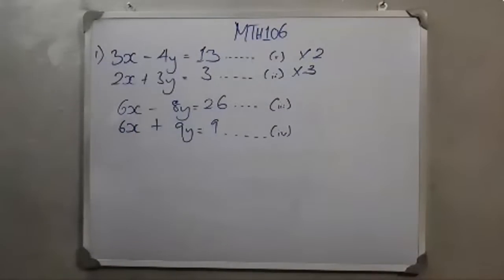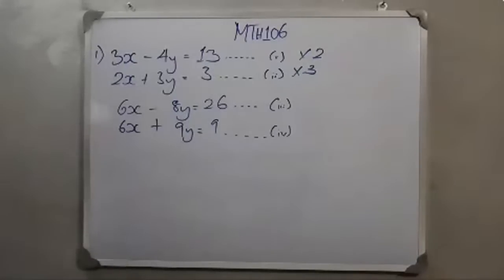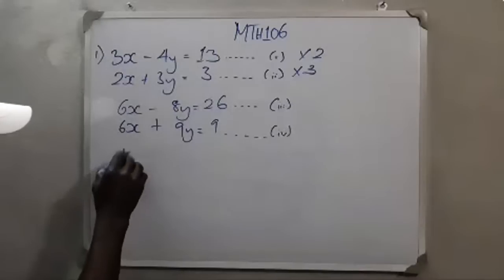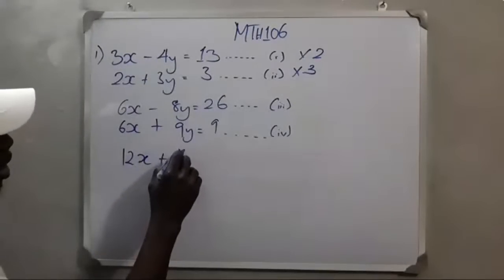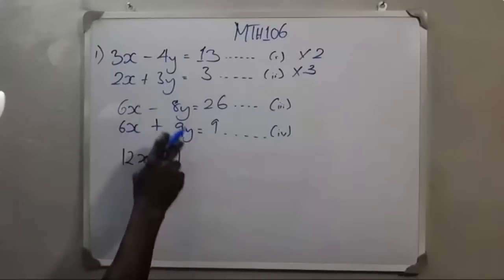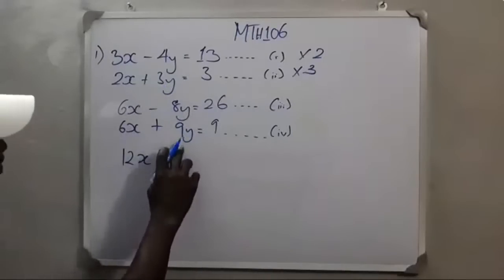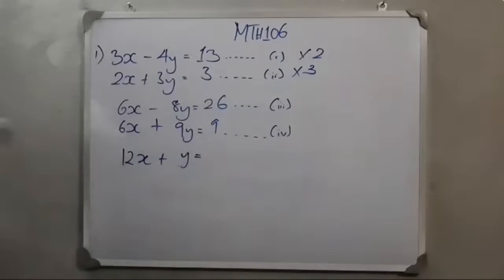Now this is positive. If we bring this down, 12x plus 17y equals, this is 26 plus 9. We are going somewhere.